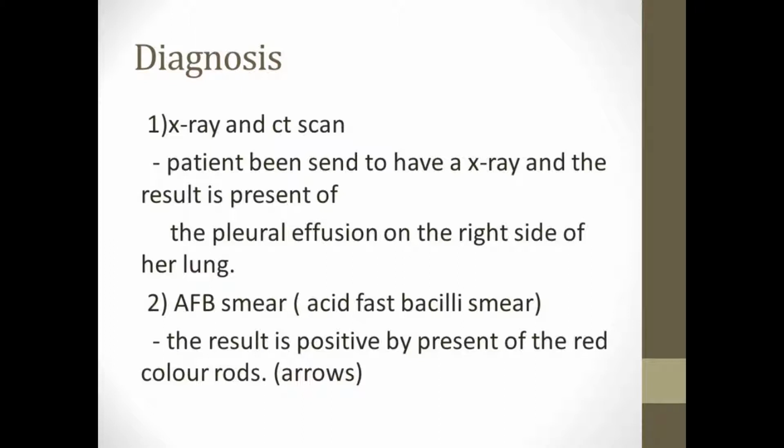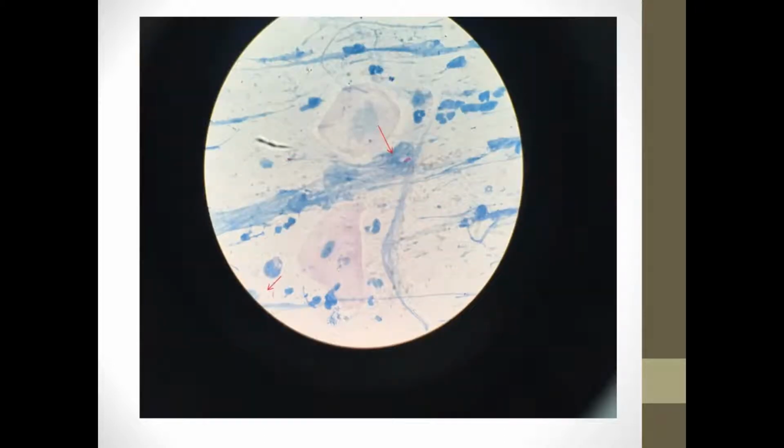Second is AFB smear, which means acid-fast bacilli smear. The result is positive by the presence of red colored rods. Here we can see the red colored rods at the point of the red arrow.